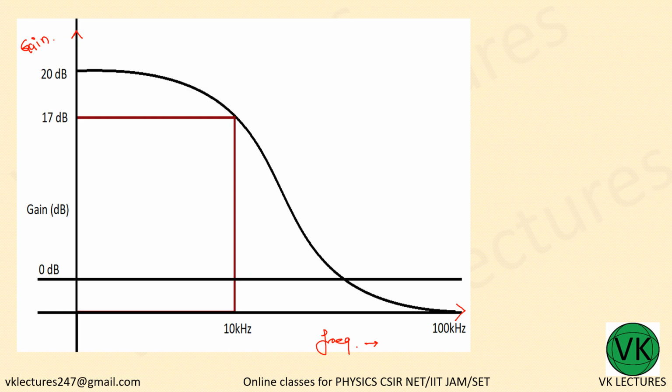Now how is gain in decibel given? Gain in decibel is given by 20 times log to the base 10 of AV, that means the general gain. Okay, now from the question we have the gain equal to 10.